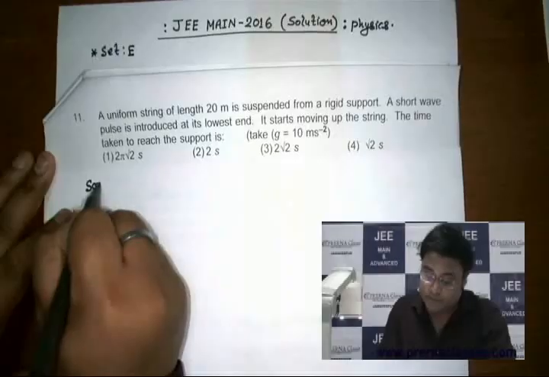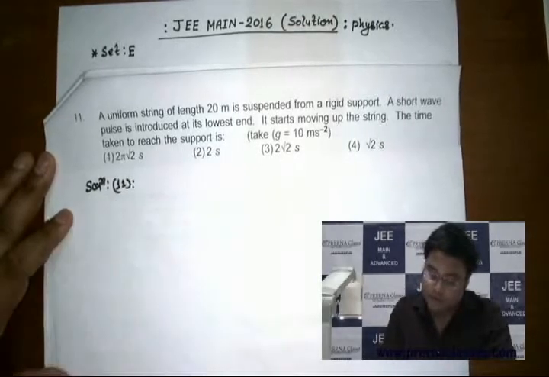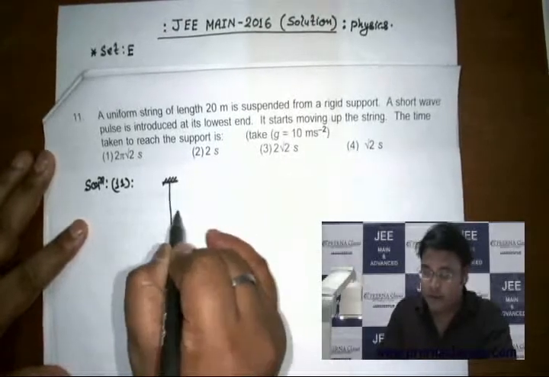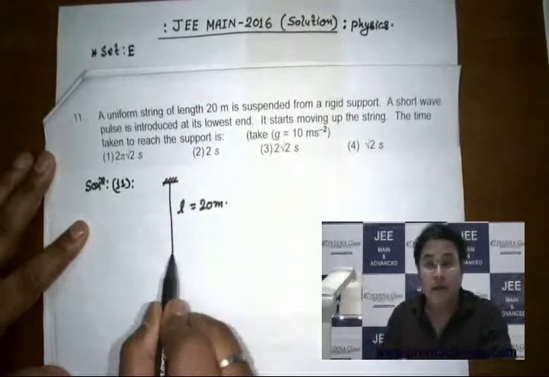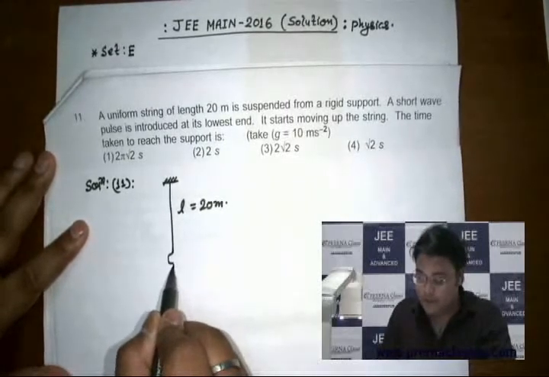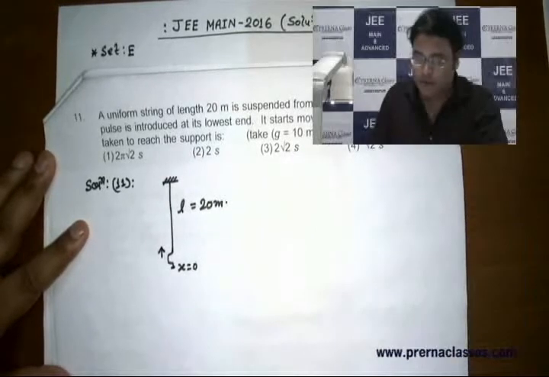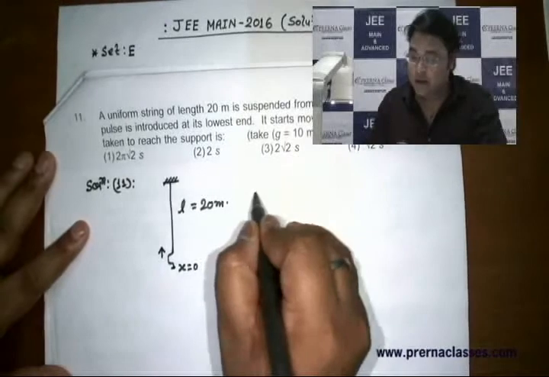Okay. Next one is based on a wave on a string. Here, a string of length L is given as 20 meters, and a wave pulse is sent from its lower end, let us say x equal to 0. Clear? So you have to find out the time to reach the other end.